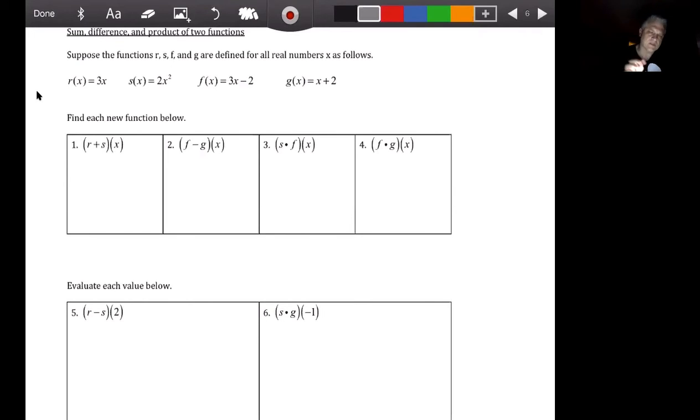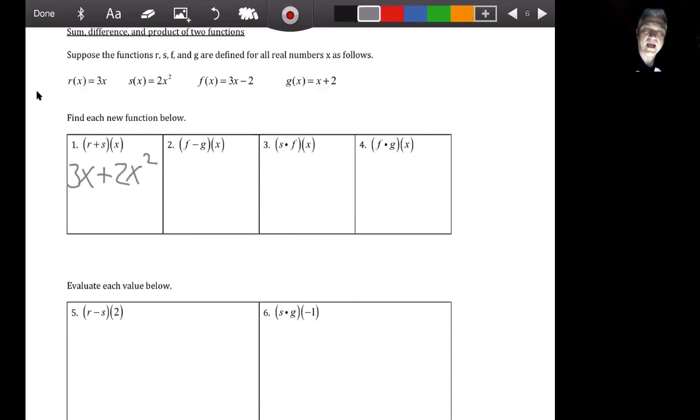You remember the distributive property? It's not really like that, but it works out that way here. You take r of x plus s of x. What is r of x? It's 3x, plus s of x, which is 2x squared.